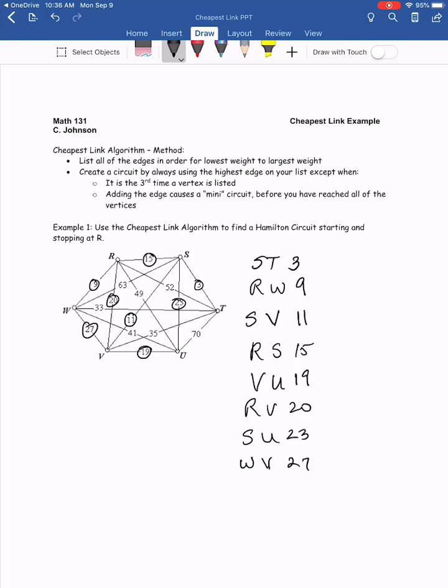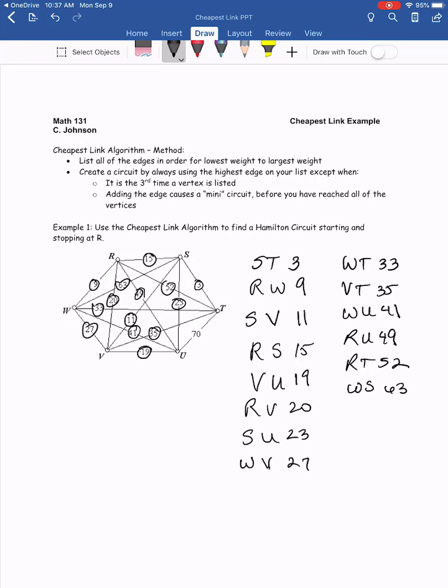And then we have WT for 33. And VT for 35. Then we have WU for 41. RU for 49, RT 52, WS for 63, UT for 70.